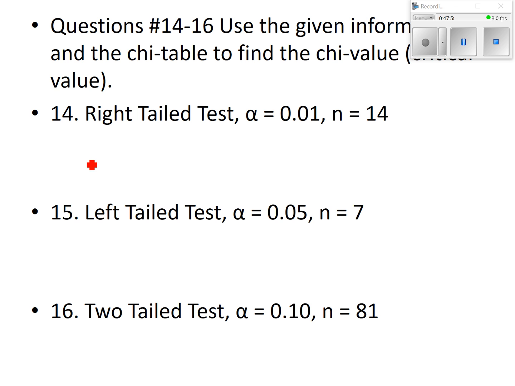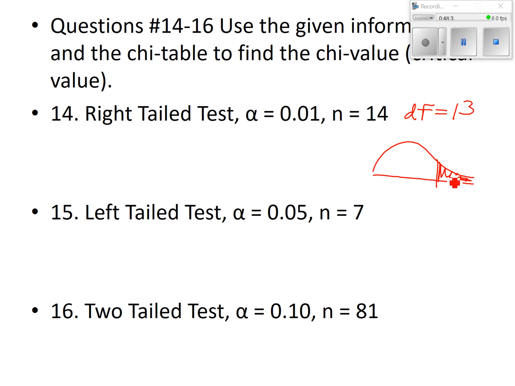Questions 14 through 16, using the chi table. Right-tailed test. For the first one, our alpha is 0.01 if we're using the chi table. The first thing we've got to find is our DF. What is it this time? 13. We're right-tailed. Remember, the chi table is different. For right-tailed, it's normal. You just go with the numbers that you have.